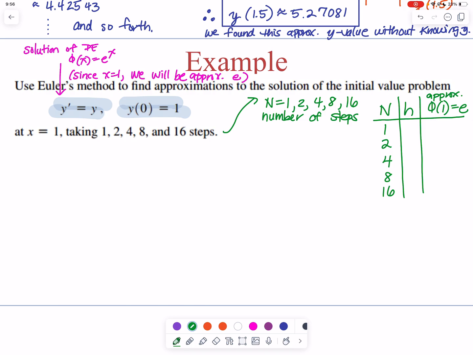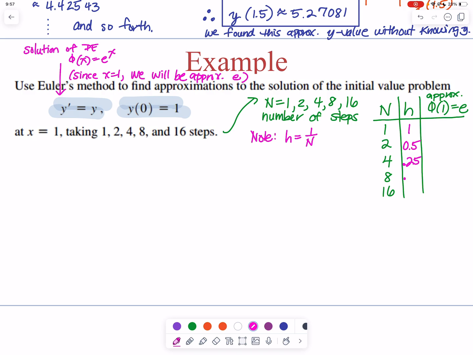If we're given n equal to 1, 2, 4, 8, and 16, you can see that we're going to be taking 1 over n. So h is equal to 1 over n. This will be 1, and then here we will have 1/2, so that will be 0.5, and we will have 1/4, so that'll be 0.25.